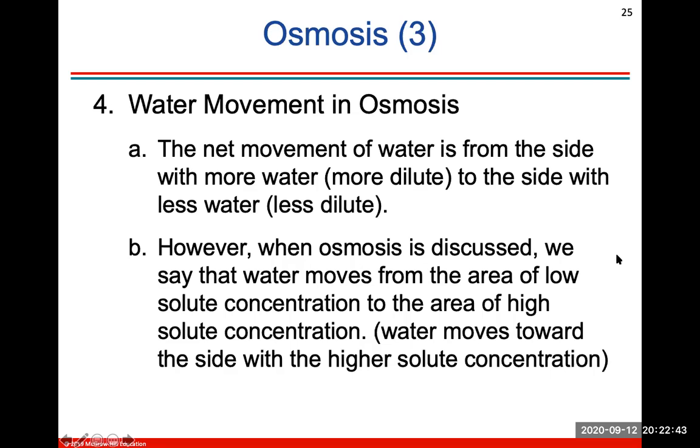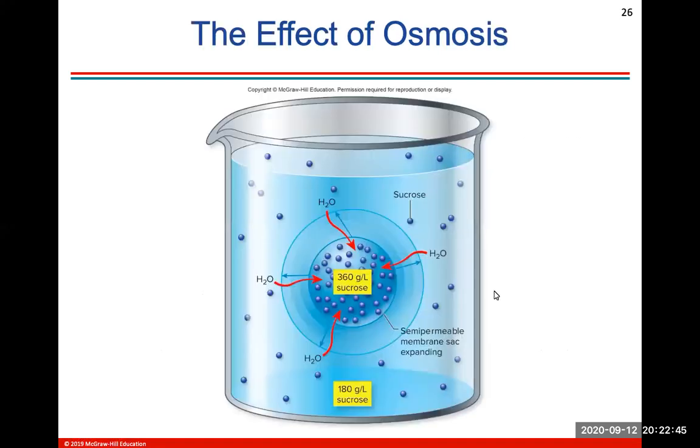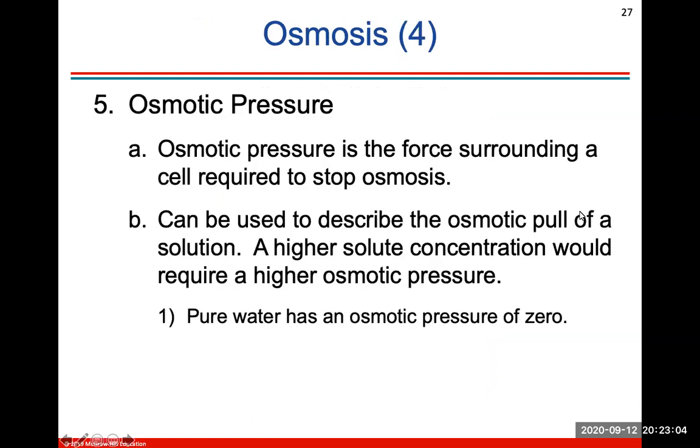And water will always move into an area with higher solute concentration. And again, this is showing this little ball that has been dropped into this solution, and it is very concentrated with sucrose or sugar. So water will move into that ball or balloon. And when water moves into that area through osmosis, the balloon will swell.